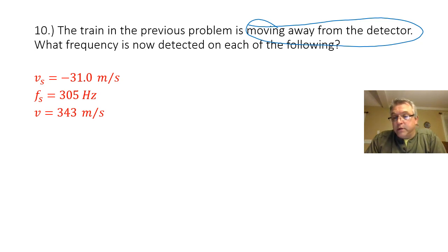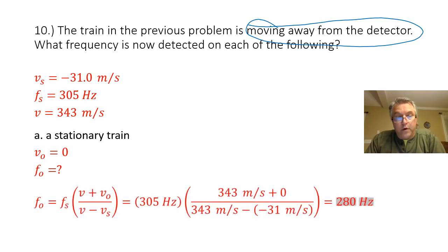So the first thing that they want us to do is find the observed frequency on a stationary train. So we are again looking for the observed frequency, and we know that the velocity of the observer is going to be 0. So to find the frequency of the observer, once again, we are going to use our Doppler formula. A lot of this is going to stay the same from the previous problem. The frequency of the source is still 305 hertz. The sound wave is still traveling at 343 meters per second.